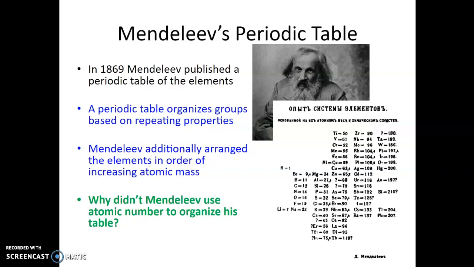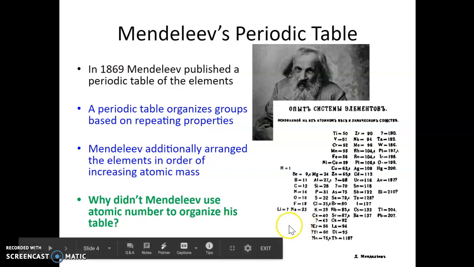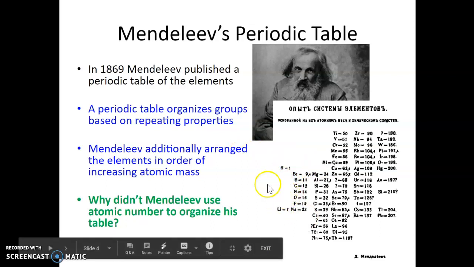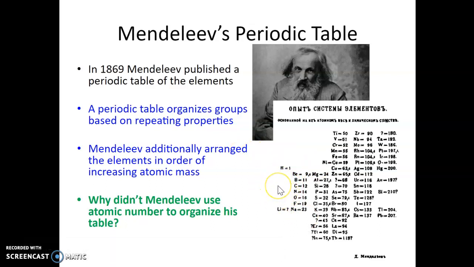So here's a picture of his table. You can see some of the groups and families that we currently know on our own periodic table. So here's a little hydrogen. We don't have helium because helium is an inert gas, meaning it doesn't really do chemical reactions. It's super useful for balloons and MRI machines, but it was hard for us to actually discover helium.